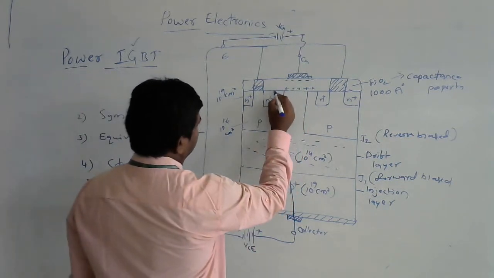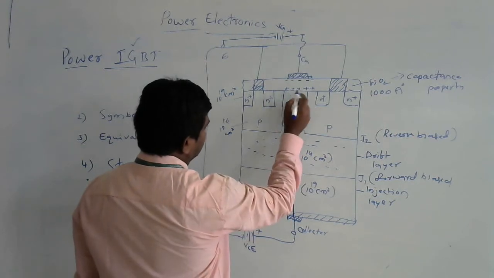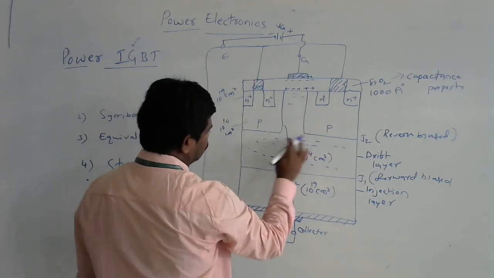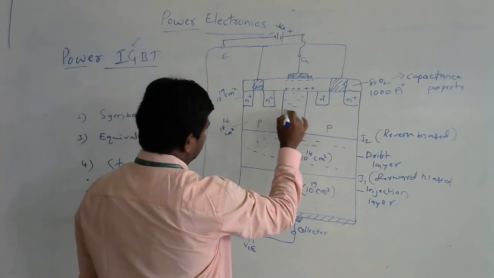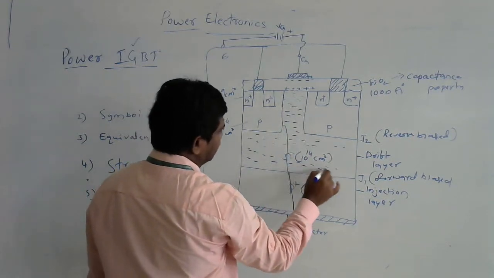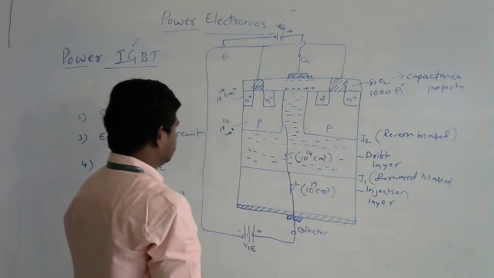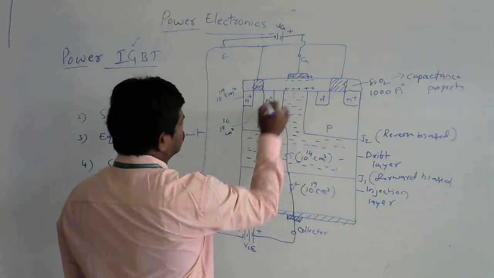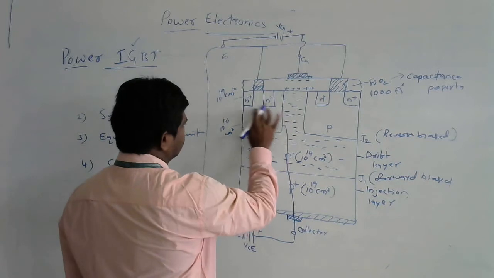There are already negative charge values there because it is totally N-type material, so there is no issue. The material itself is negatively charged. Then this portion is totally the P portion, please remember this.